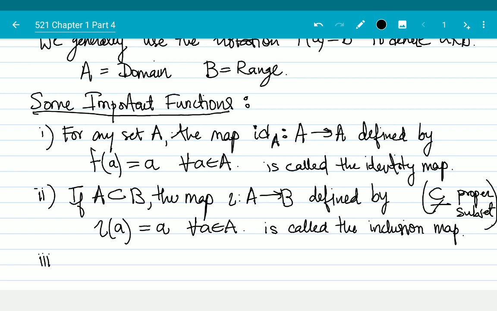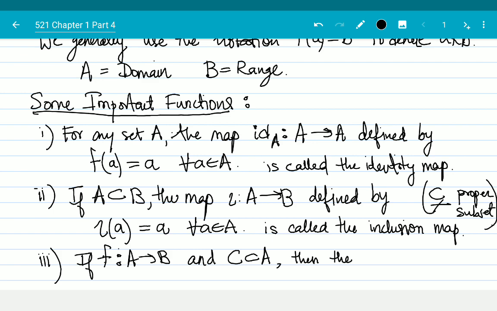Third, if f is a function from A to B, and C is a subset of A, then I can restrict the function.